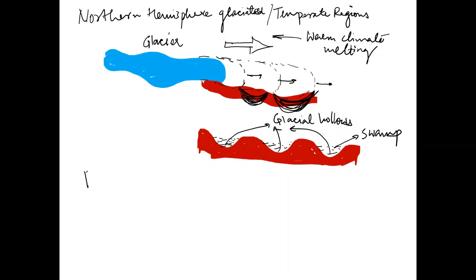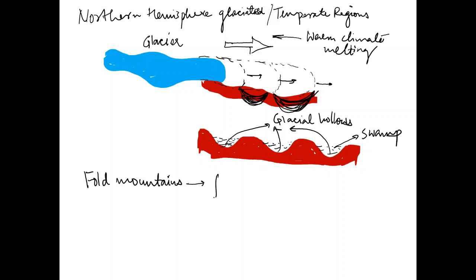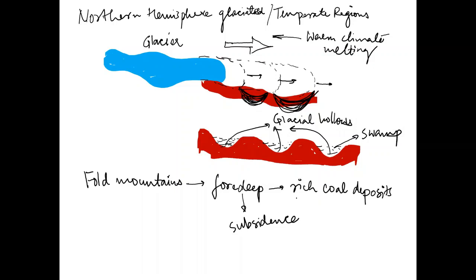So in case of fold mountains, for example, Himalayas, fold mountain region, the foredeep is associated with rich coal deposits. Why? Because these areas are areas of subsidence and therefore the peats will be preserved properly over here.